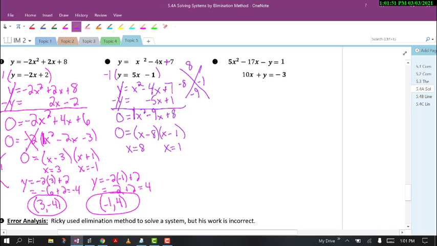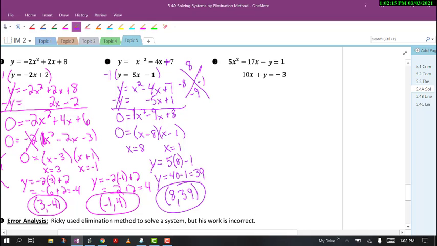And again, that second equation is the best way to go, I think. So y equals 5 times x, which is 8 in the first case, minus 1, so y equals 40 minus 1. Of course, that's 39. So our first solution is 8, 39. To find our second solution, we substitute in 1 for x.